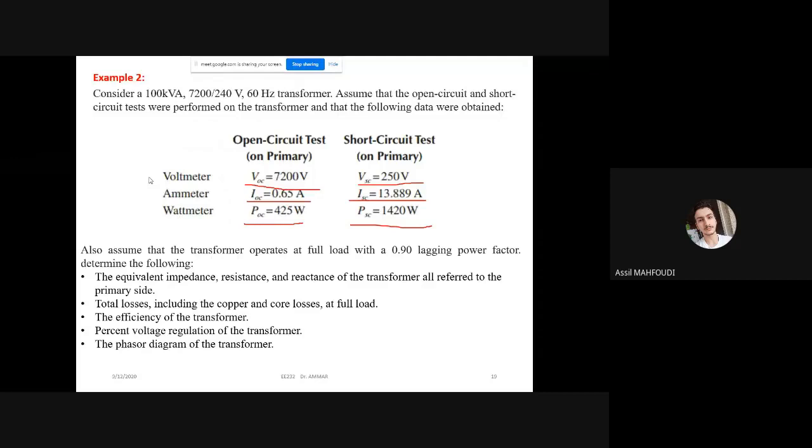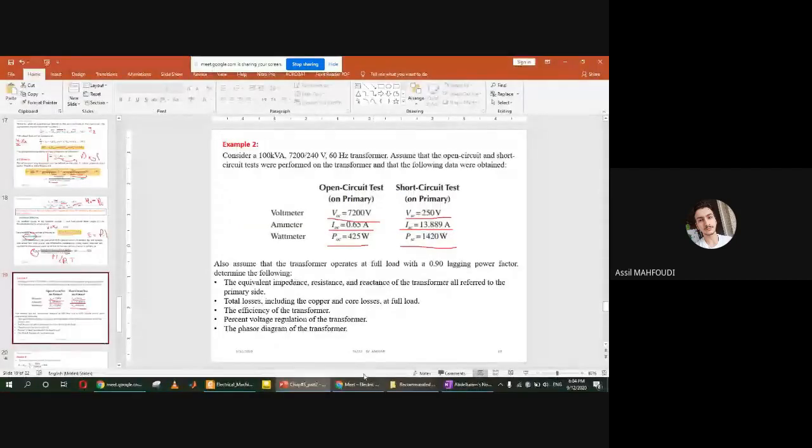My question, please: if it was an open circuit test on the secondary, meaning where it is written primary it was written secondary, is it possible? Yes.